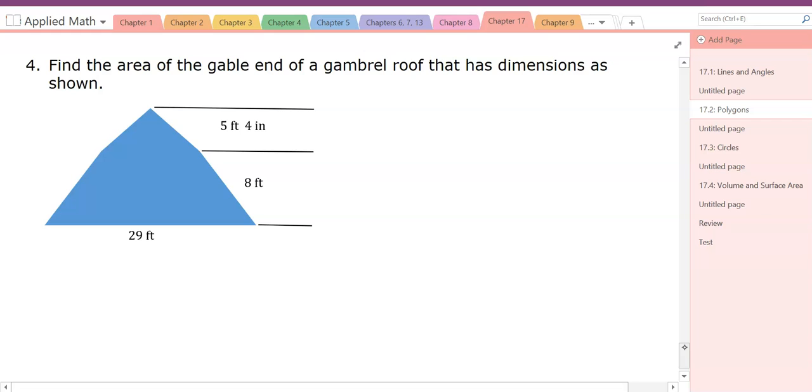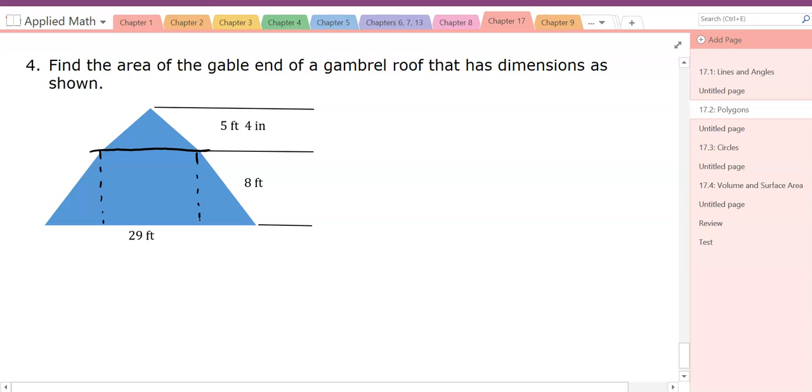Okay, last one here. We want to find the area of this gable end. We've got these dimensions. Now, something that didn't get thrown into this picture that I think you're going to want to know: if they cut this bottom, because we're going to eventually think about this line being drawn here to create a triangle and a trapezoid, I need to figure out what the dimension of the base of that triangle is.